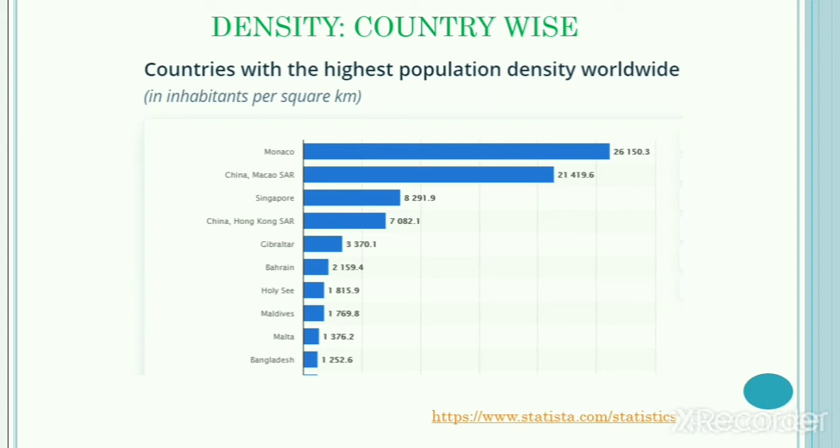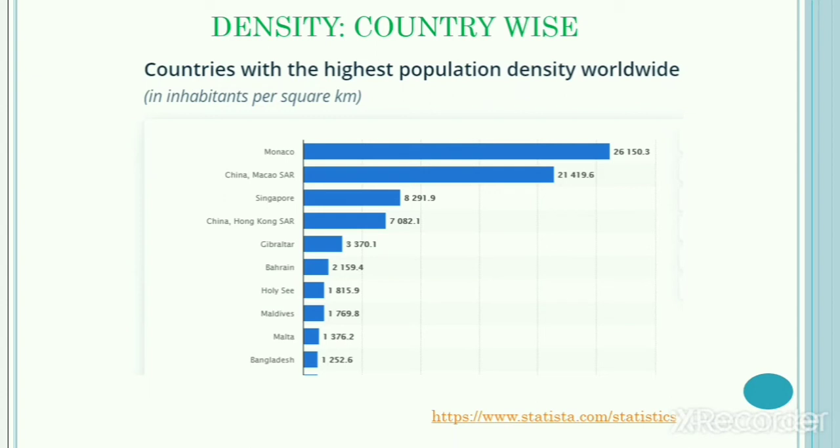Monaco is followed by the Macau region of China with 21,419.6 persons per square kilometer, Singapore with 8,291.9 persons per square kilometer, China's Hong Kong with 7,082.1 persons per square kilometer, and Gibraltar with 3,370.1 persons living in a square kilometer.